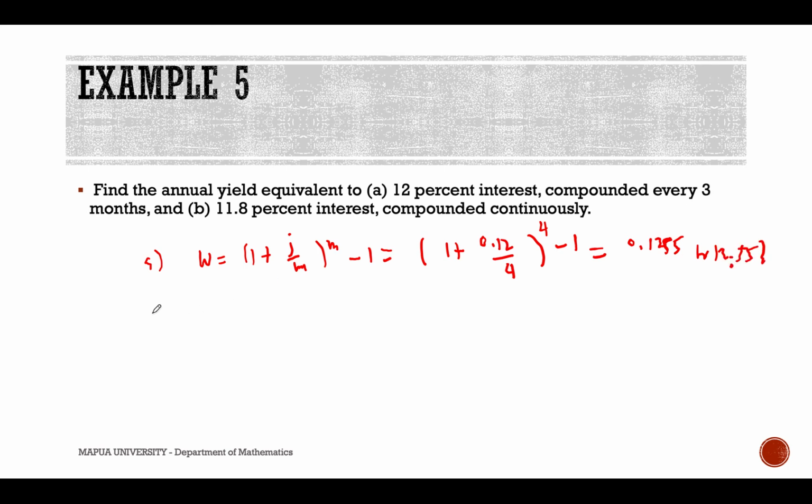Or 12.55%. For letter B, 11.8% interest compounded continuously.